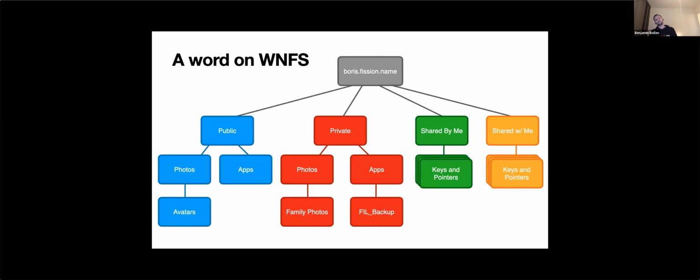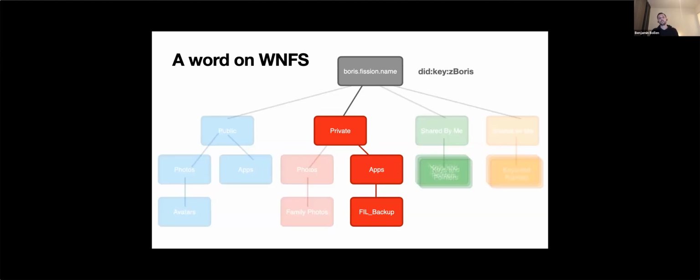I'm massively simplifying here, by the way. There's a lot of interesting material in the white paper to read up on this. There's also an interesting talk by Brooke. But for our purposes, I'm just going to simplify some things. Specifically, we only care here about the private app storage. So we will store application data under private apps and then the application path.